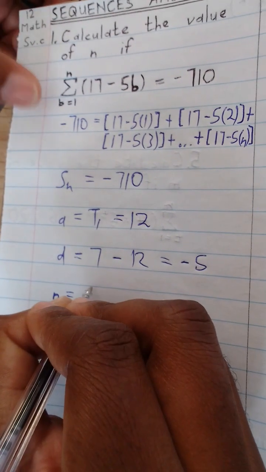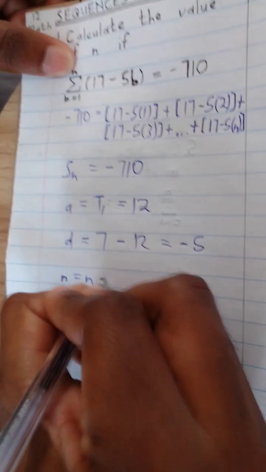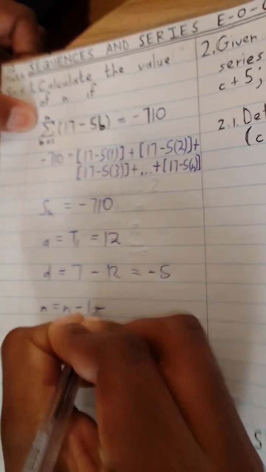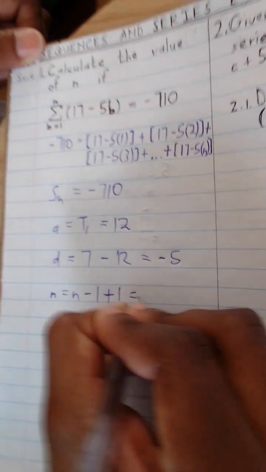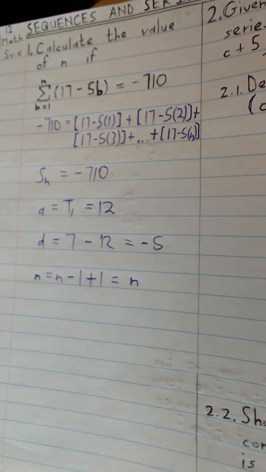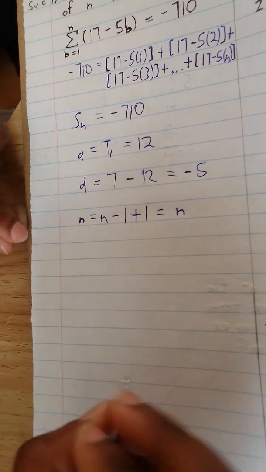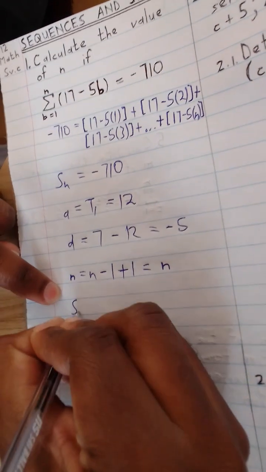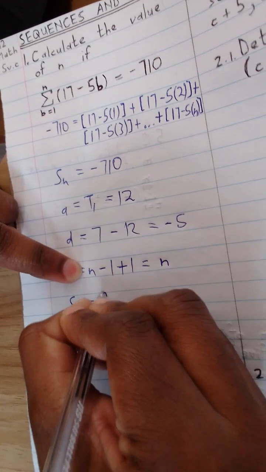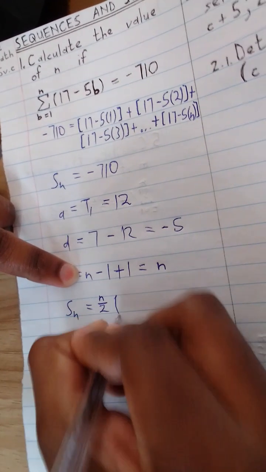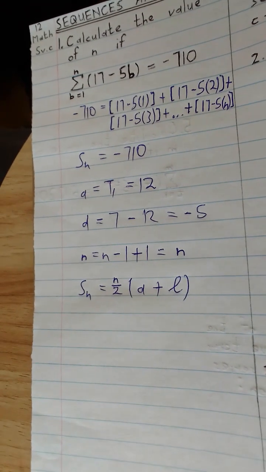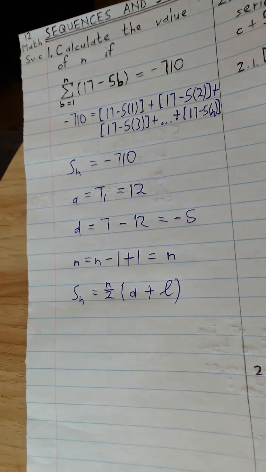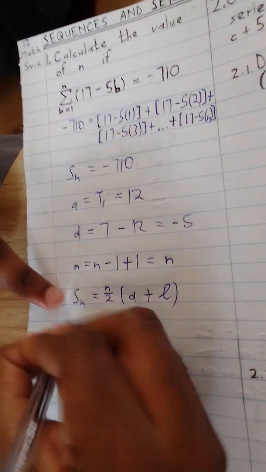The number of terms is the upper bound minus the lower bound plus 1, so n is just n. So you write your formula. The formula that we're going to be using is this one. We have the last term, so what is Sn?